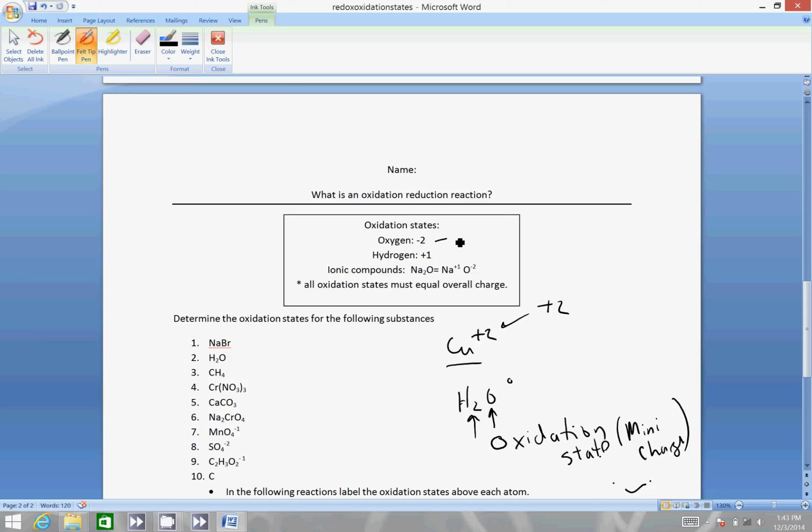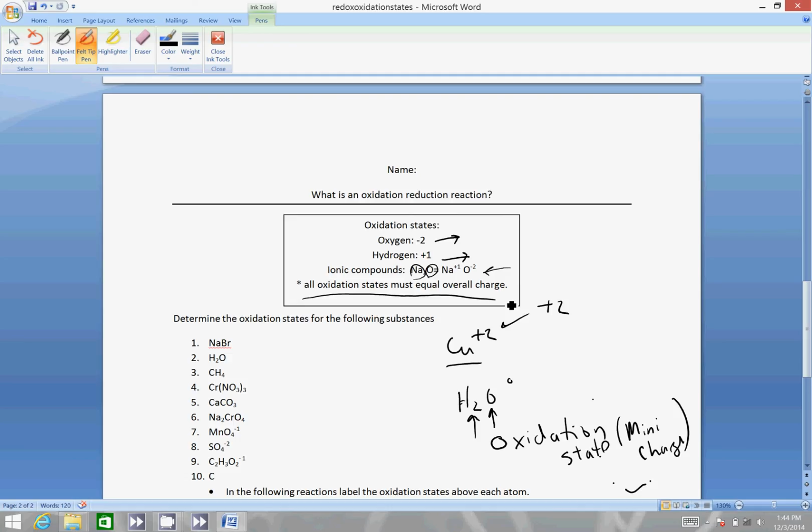Oxygen is a -2, and there are some exceptions. We could have a peroxide, for example, which would be a -1. Hydrides are +1. Again, there are exceptions to that as well. For ionic compounds, whatever their charges are is what their oxidation states are. It's stated nicely right there. And another one: all oxidation states must equal the overall charge.